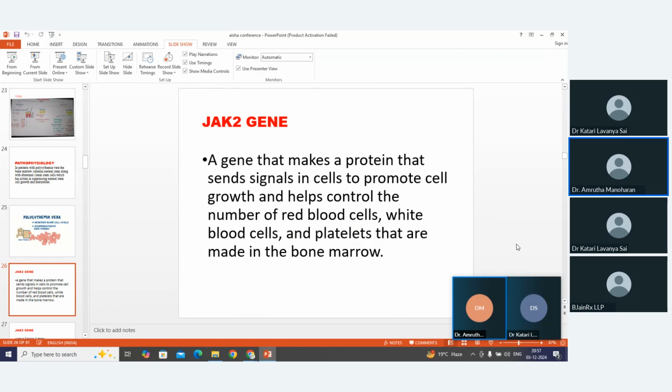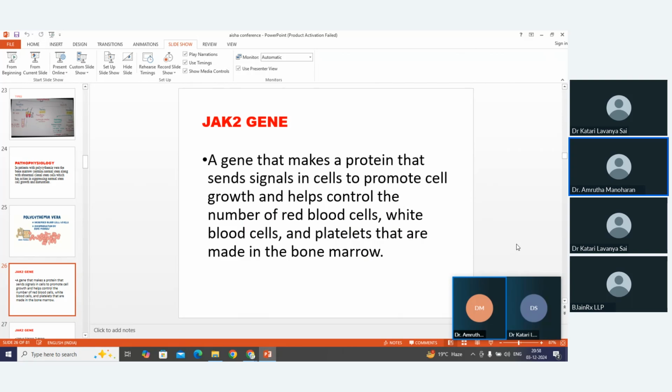Just note the JAK2 gene is very important in case of polycythemia, and the mutation, a valine to phenylalanine substitution, occurs at the 617 position of the JAK2 gene. This is the typical location in polycythemia.